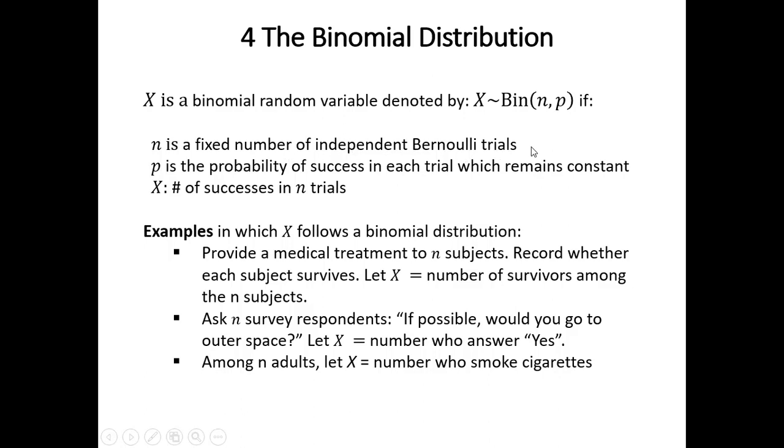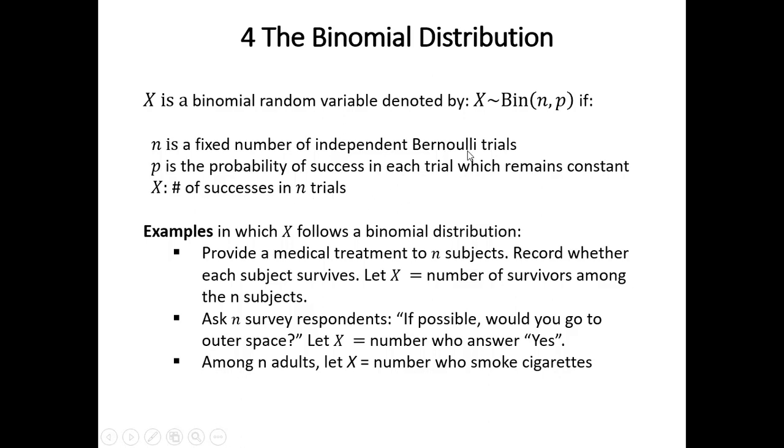So these are trials that can result in either success or failure outcomes. p is the probability of success in each trial, which remains constant from one trial to another. Now x is the number of successes in n trials.